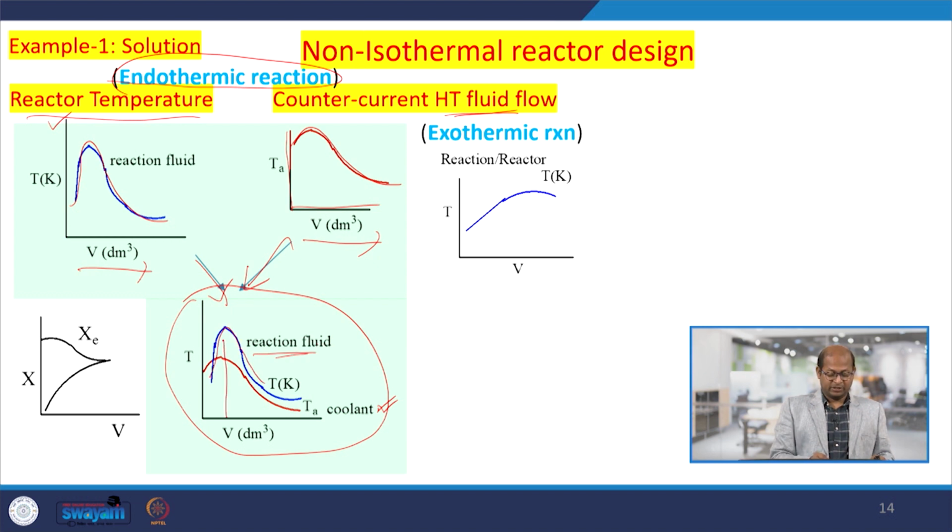At this particular point the temperature inside the reactor will jump high and then come down. The reacting mixture temperature varies like this.